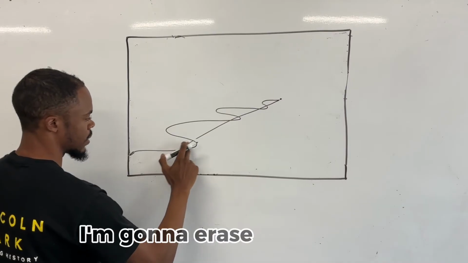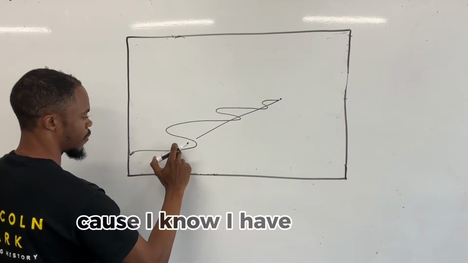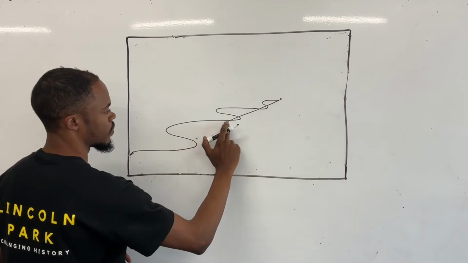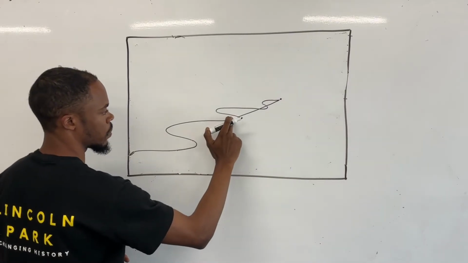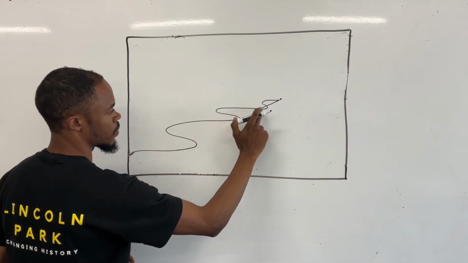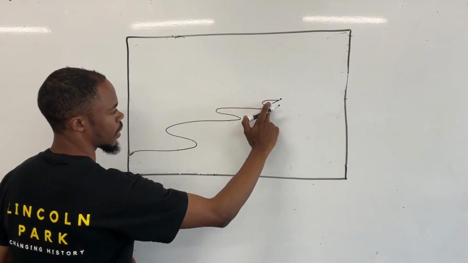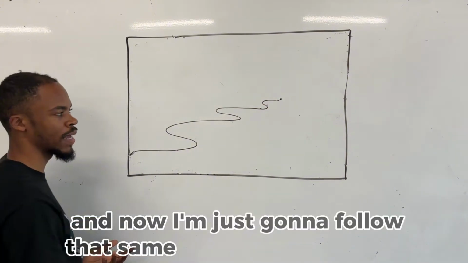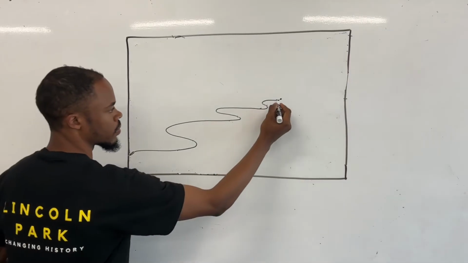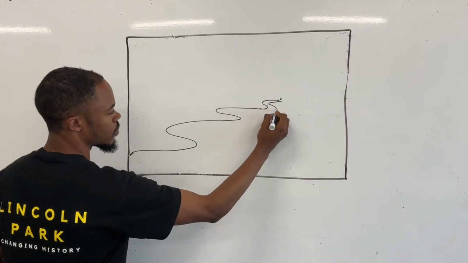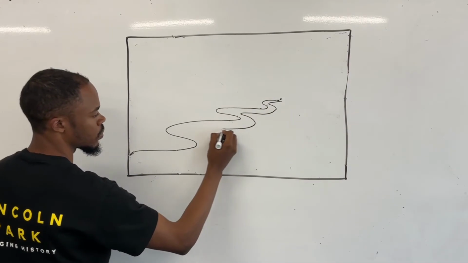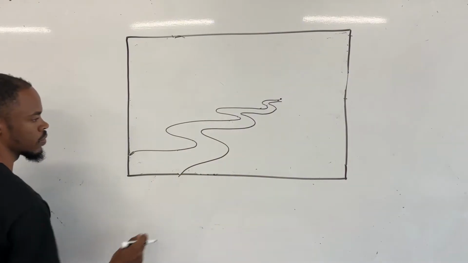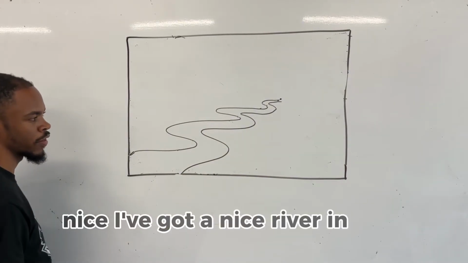I'm going to erase my guideline because I now have my curvy guideline in there. And now I'm just going to follow that same path a little bit wider. Nice. I've got a nice river in there.